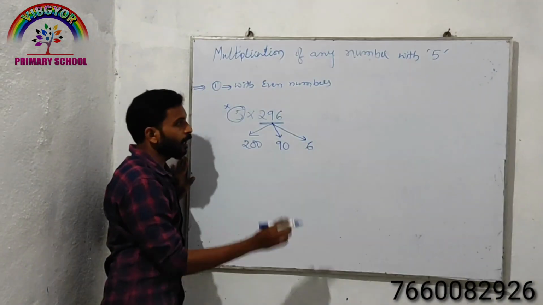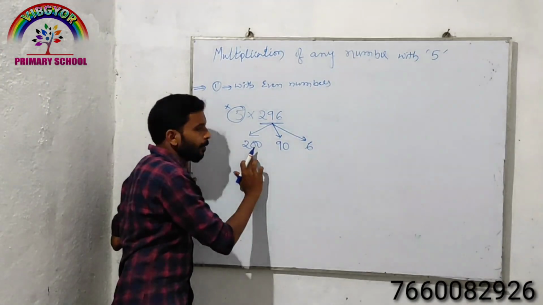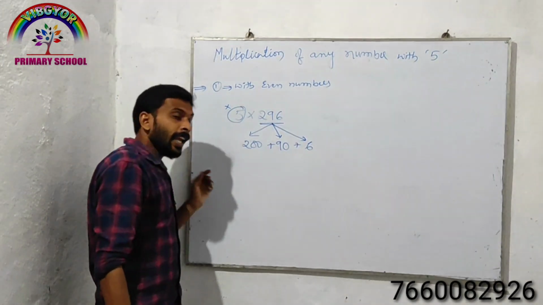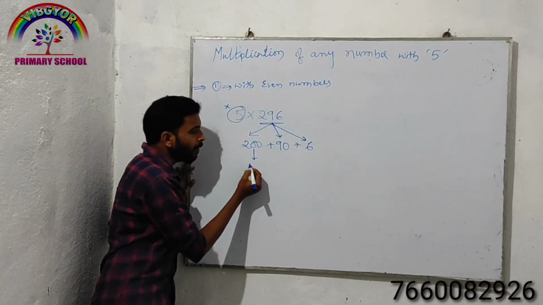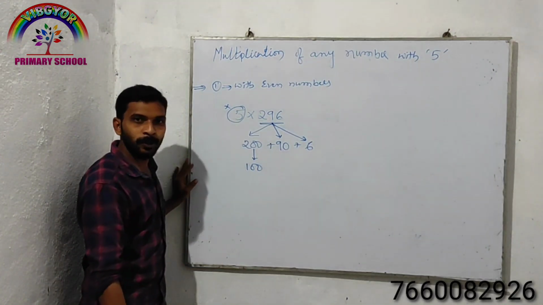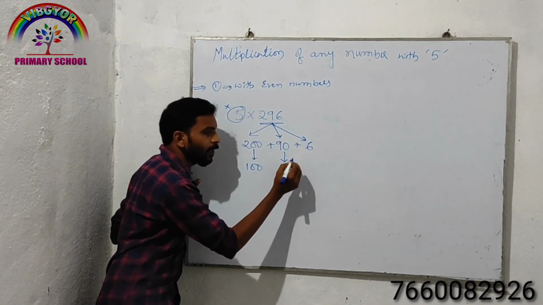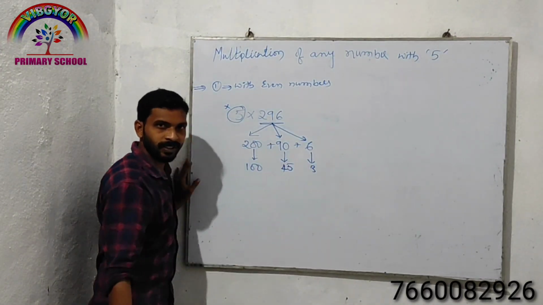What's my point? 296 can be split as 200 plus 90 plus 6. And then take half of these numbers. Half of 200, simply 100. No need to worry. The next, half of 90 is 45. The next, half of 6 is 3.